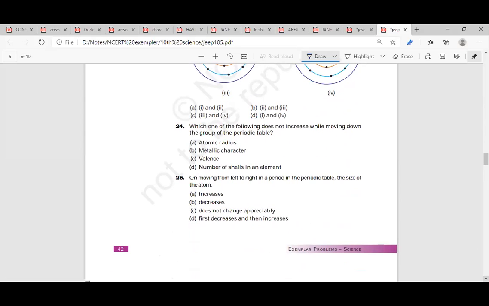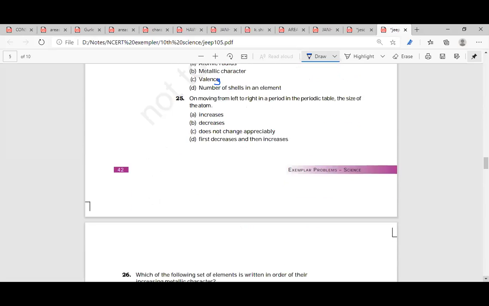Which of the following does not increase while moving down the group? Valency. On moving from left to right in a period in the periodic table, the size of the atom decreases.